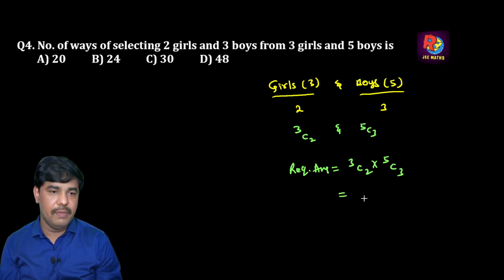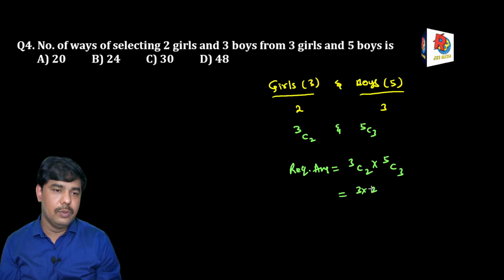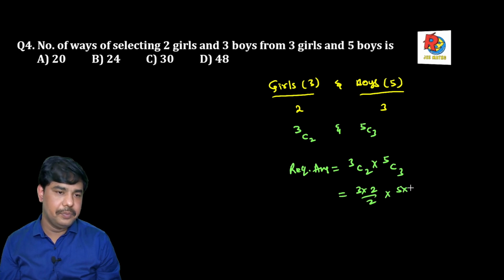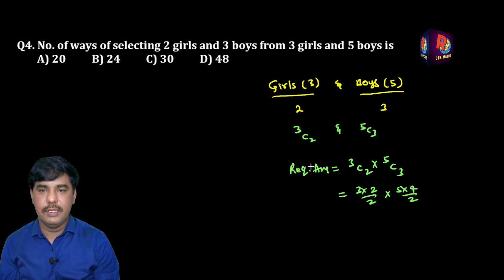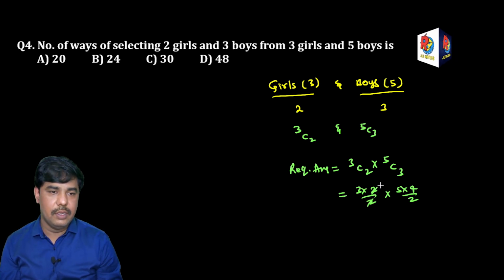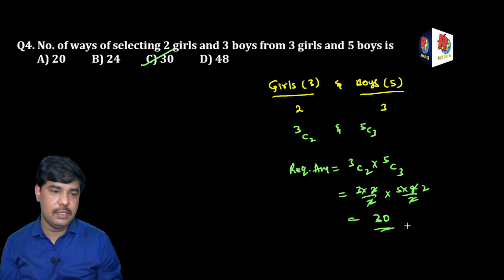If you simplify this, 3C2 is 3 into 2 by 2, into 5C3, which is also 5 into 4 by 2. So if I simplify this, the 2 cancels, 3 times 10, this will be 30. So option C is the correct answer.